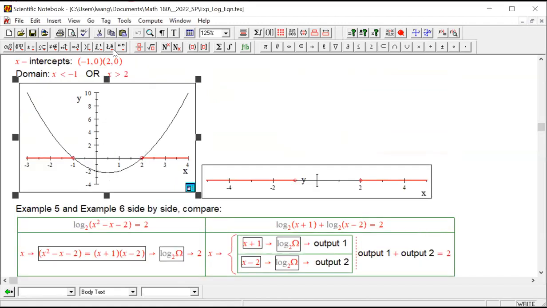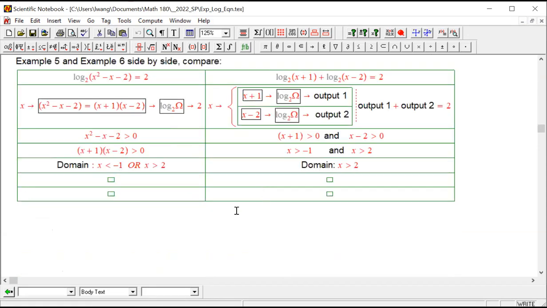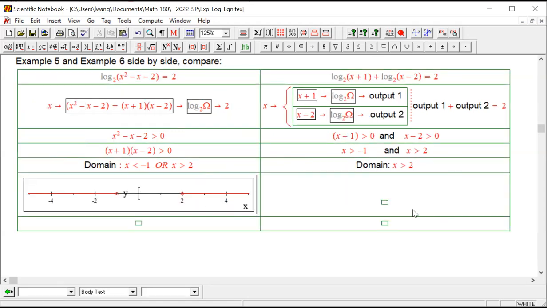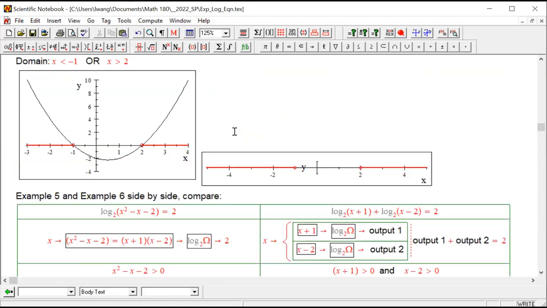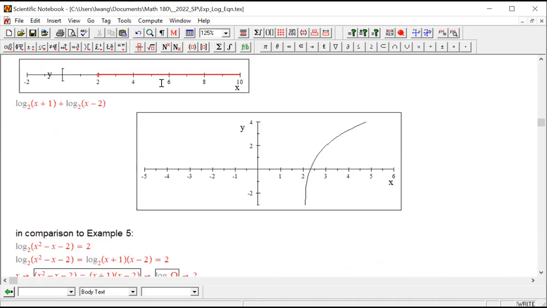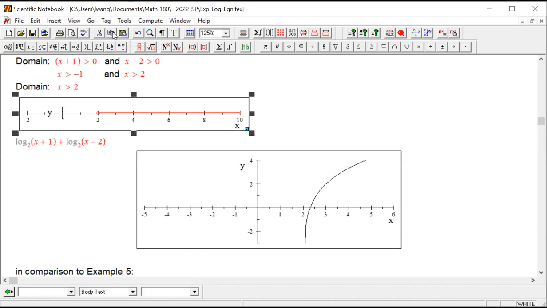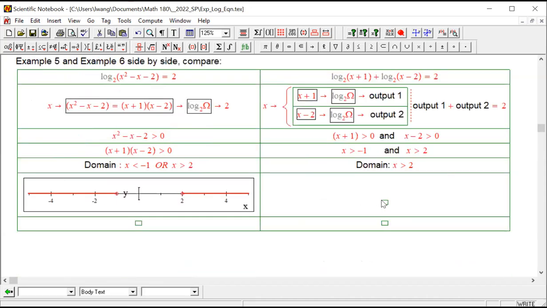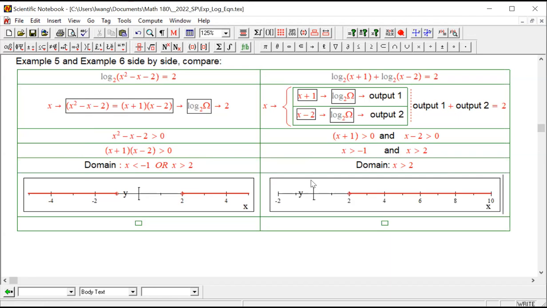The domain for 5 is this. And the domain for 6 is larger than 2. Is this. Let me make it comparable.